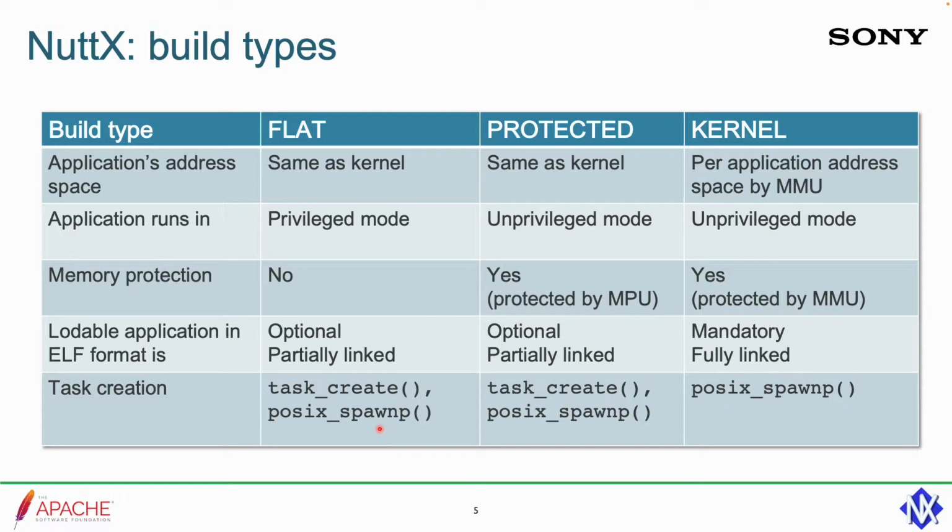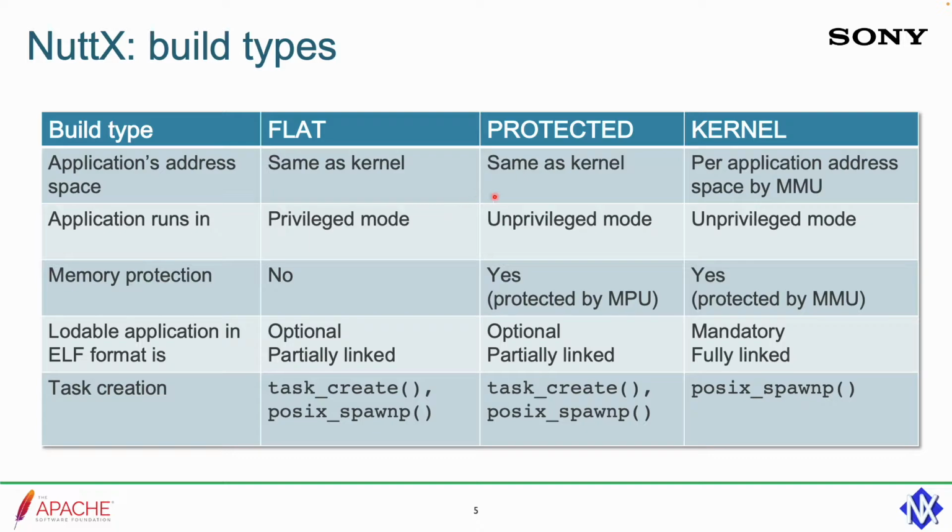Regarding application address space, the kernel build type has a per application-based address space by MMU. In the flat build type, application runs in privileged mode, which means that there is no differences between application code and kernel code.